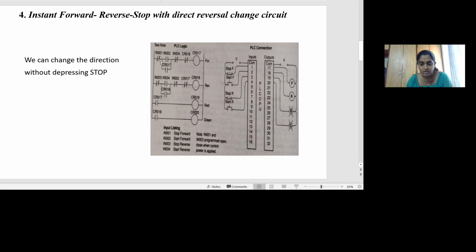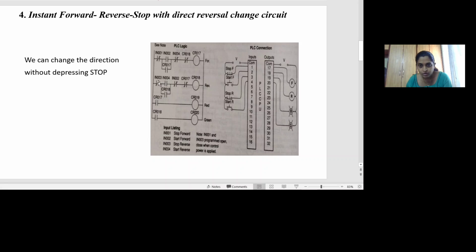Similarly, I have IN001. This is a normally closed contact. I want to stop the motor running in the forward direction, and for this the contact will be used. Then I have the IN004 contact, and this is used to start the motion in the reverse direction.